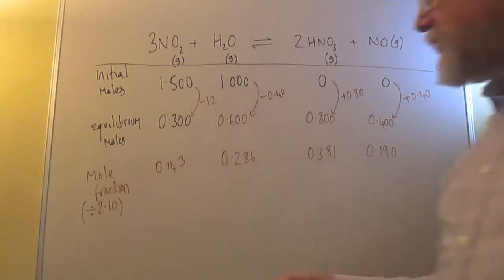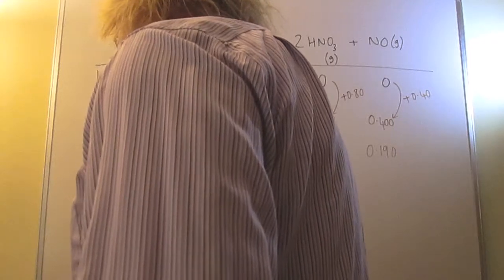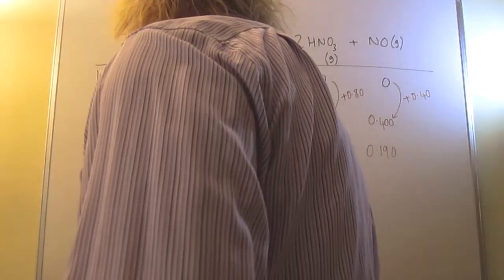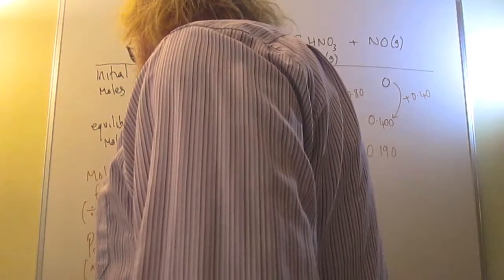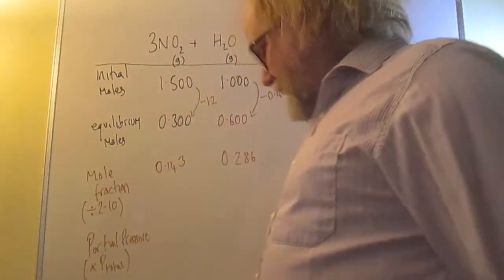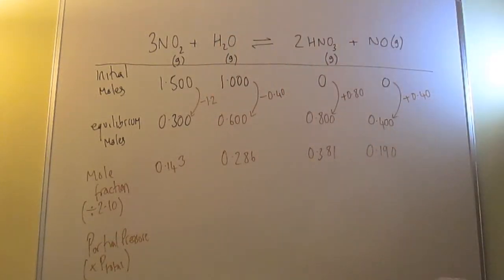To turn those into partial pressures, which is what comes next, we're going to multiply by the total pressure. And it tells us in the question that the total pressure is 900 kilopascals. So we're just going to multiply these numbers by 900, and it's going to give us partial pressures in units of kilopascals.